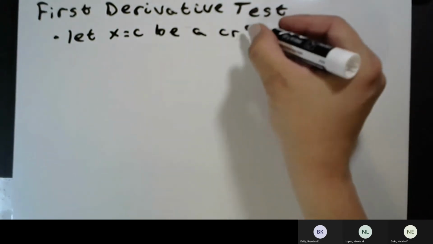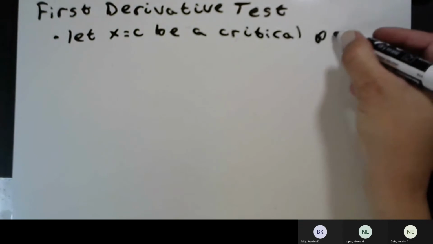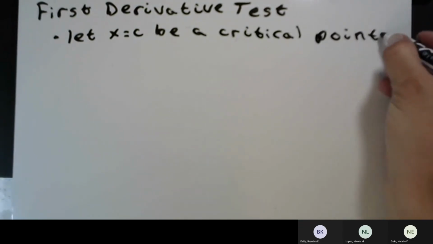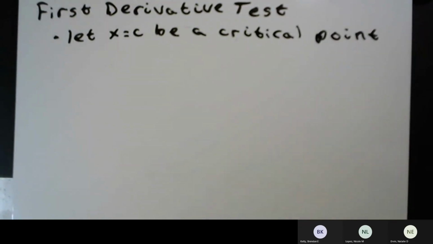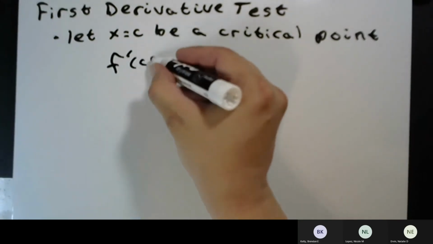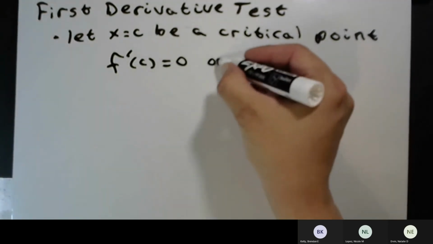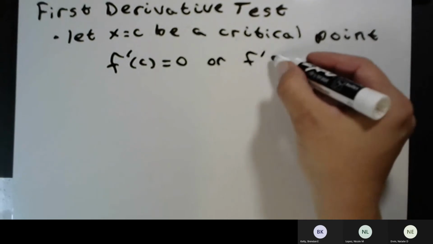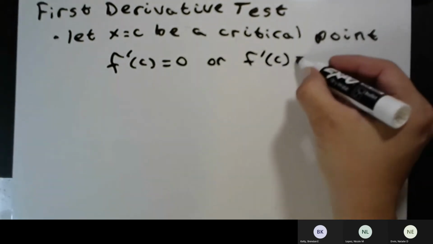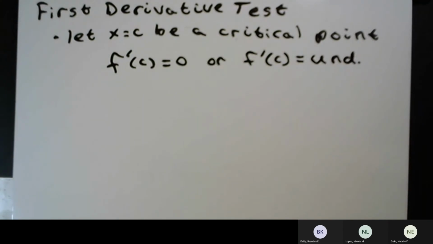Now, critical points, and just to review what critical points are, this means that f prime of C equals 0, which is what we've looked at so far this afternoon, or f prime of C is undefined. So that's what our critical points are going to be.